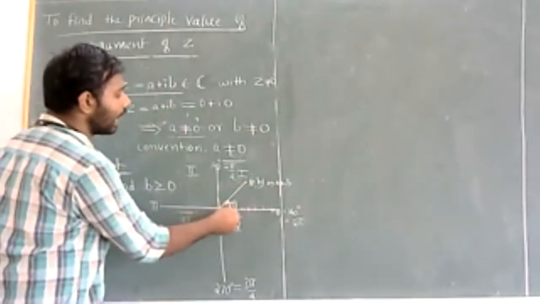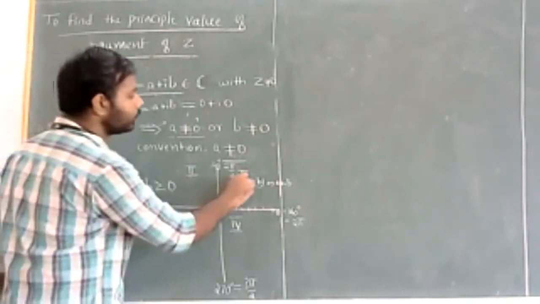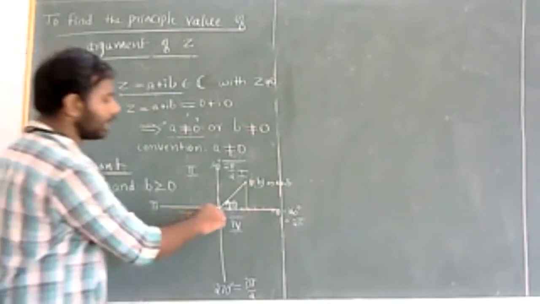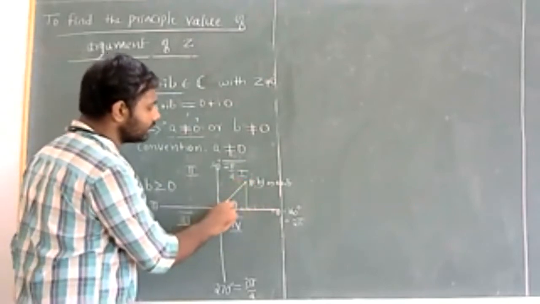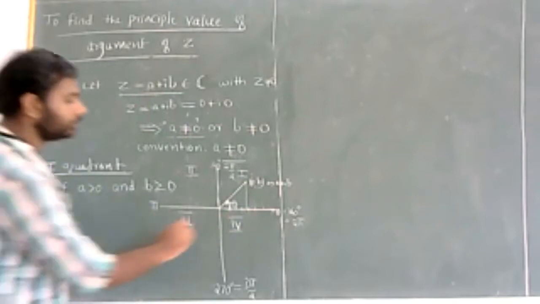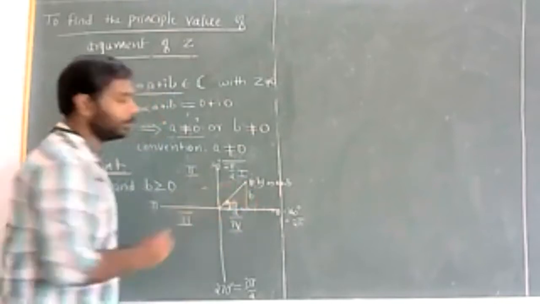So now how to calculate that theta value? That can be calculated by constructing a right angle here. So this is a right angle triangle and this is the angle theta. In the right angle triangle, this length is a and this is b.